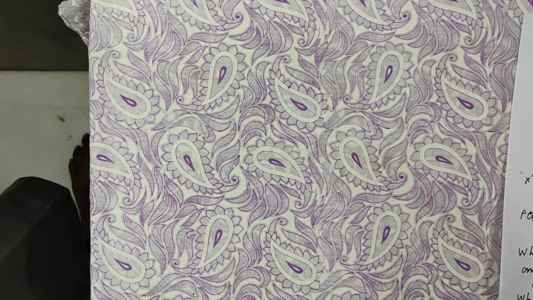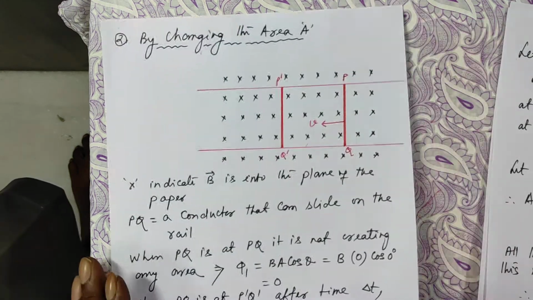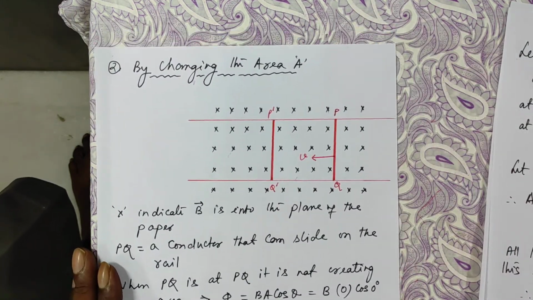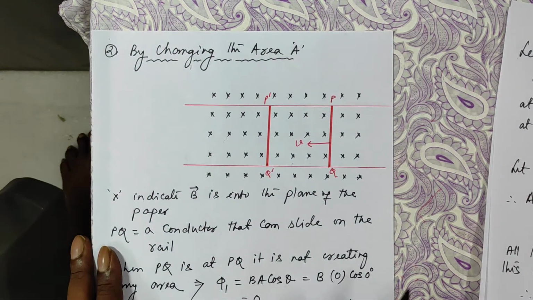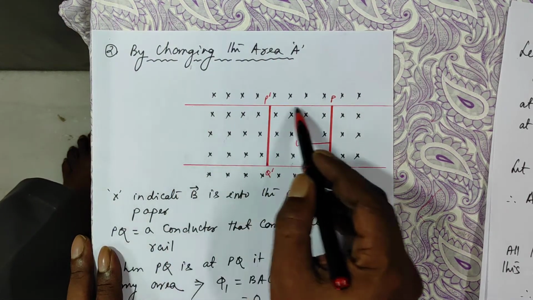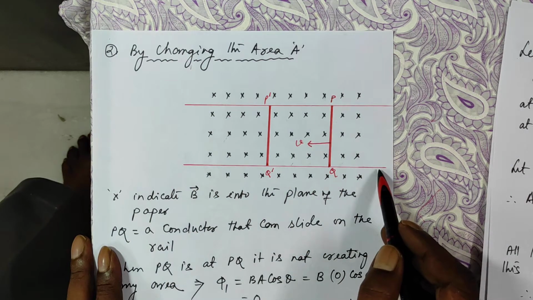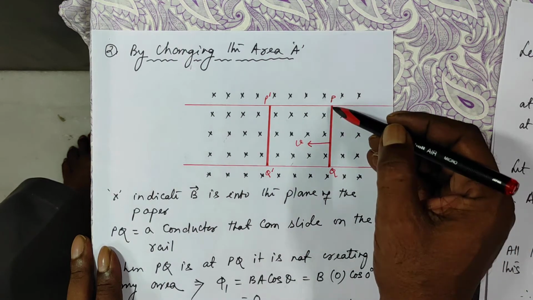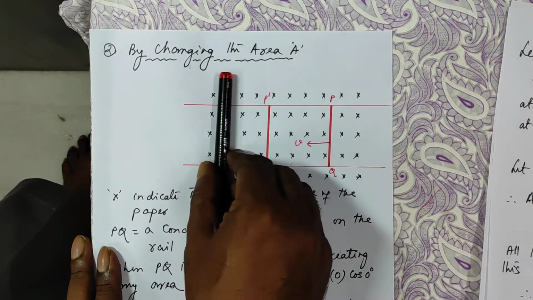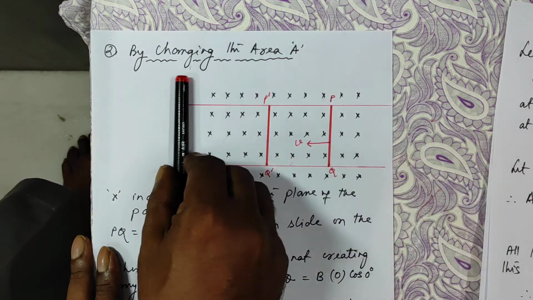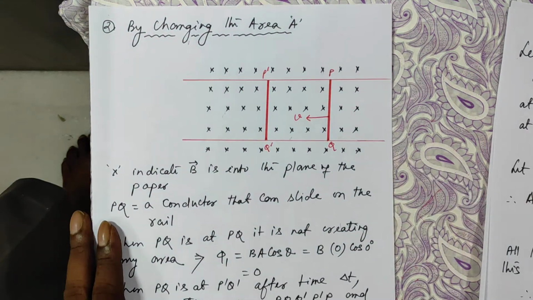Now the second part is very important: by changing the area. Now look at these two red lines. This red line and this red line are rails on which the conductor PQ can slide, like this or like this, towards the left or towards the right.